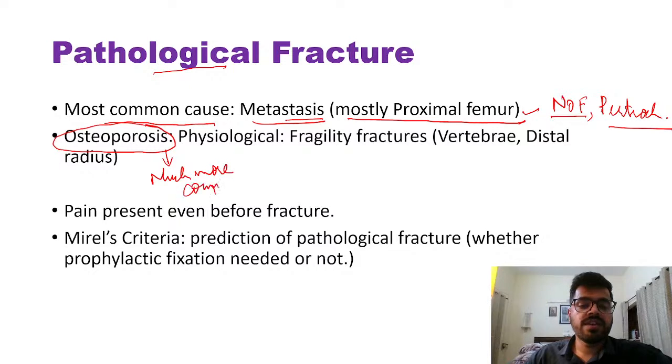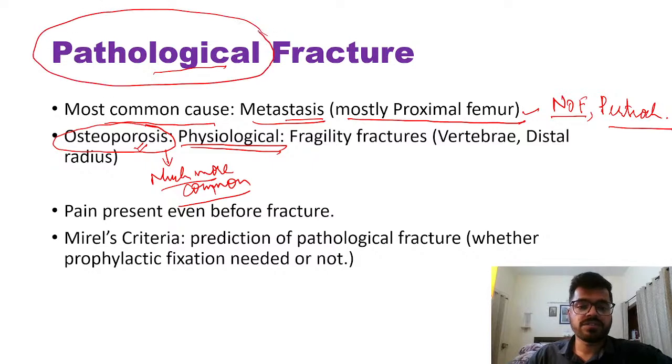But then we realized that osteoporosis occurs in everybody, so it is a physiological condition. So it should not be called pathological fracture. So a new term was designed for it, which is called fragility fracture.